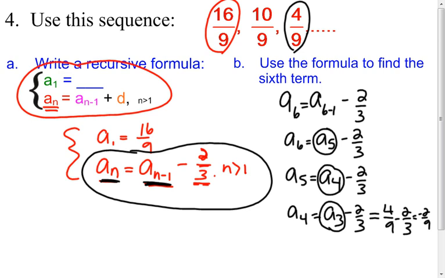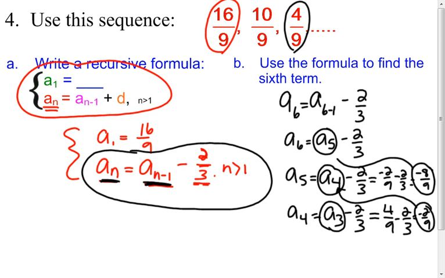Okay, so now I know that A4 is negative 2/9. I'm going to plug that in right there. So now I can go negative 2/9 minus 2/3, and I will get negative 8/9. So now I know that the 5th term on the list is negative 8/9.